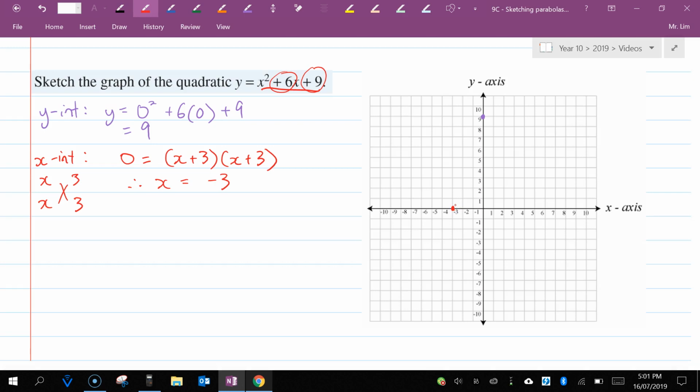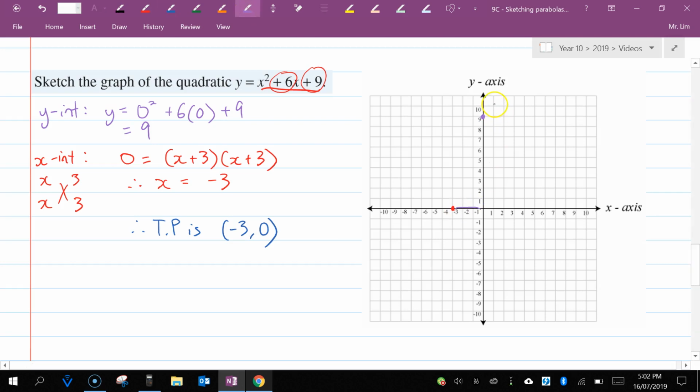Because there's only one x-intercept, that x-intercept is the turning point. Therefore, the turning point is minus 3, 0. And that only occurs when there is one x-intercept. Now that we've done that, we just need to make this nice and neat.